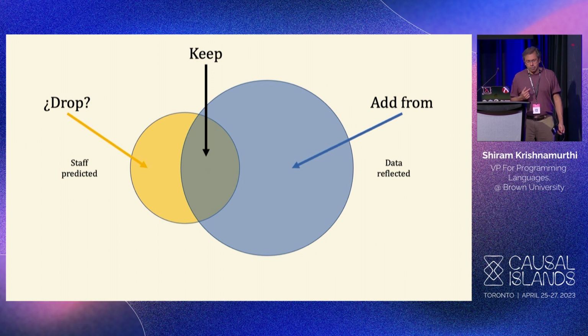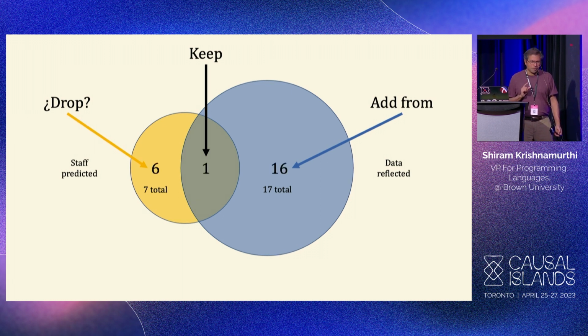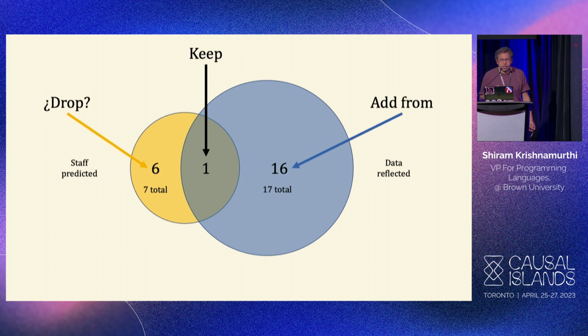Here's another program, a different problem, where there were a total of 17 on the right and 7 on the left, and only 1 was in common. So again, expert blind spot quantified. Experts have a whole bunch of ideas of what students are getting wrong, and students are making a completely different set of mistakes. So this is a sort of technique.